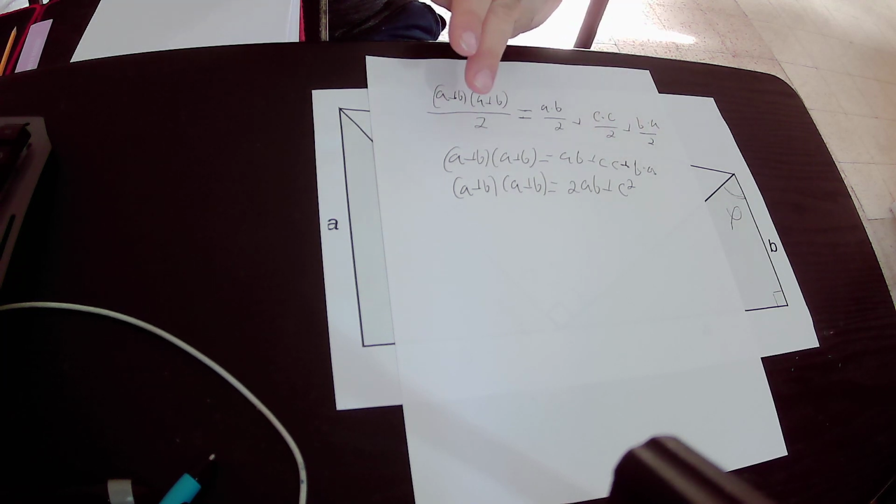Now in the left side of the equation we have brackets, so we will open the brackets and do the multiplication.